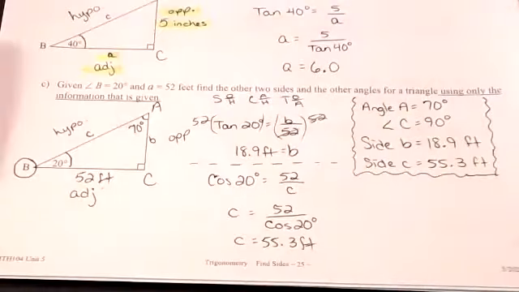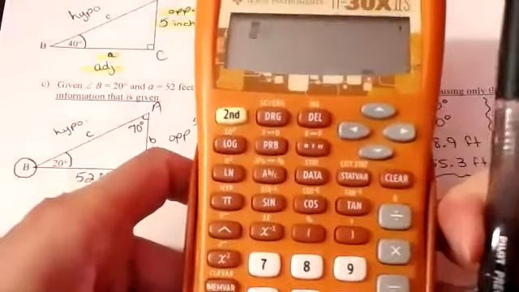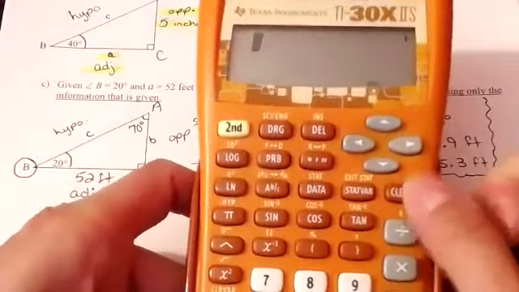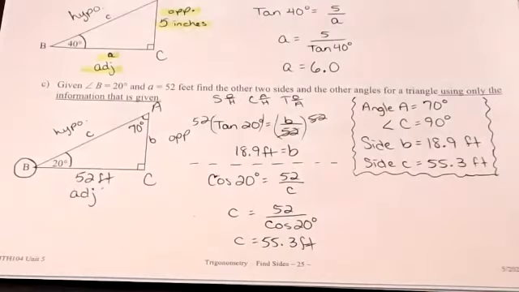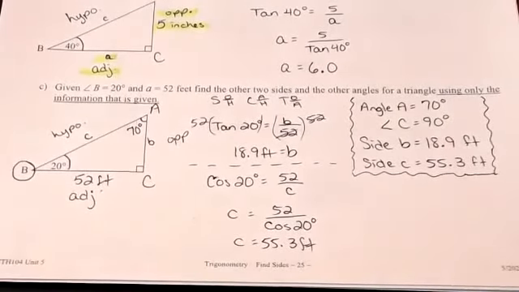Let me see. Oh, you're using your cell phone. Okay, here's what you're going to do. Type in 20, then press tangent, then times 52. I'm using an emulator of the TI-84. Then there's a notation that's preventing your answer. We'll look at that in the next 5 minutes.